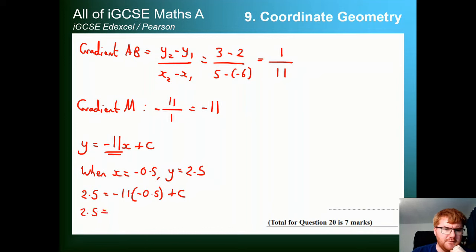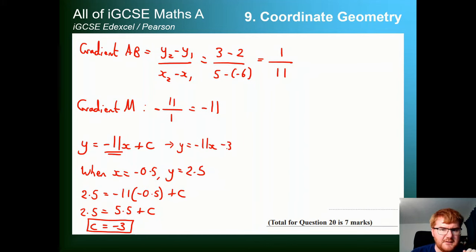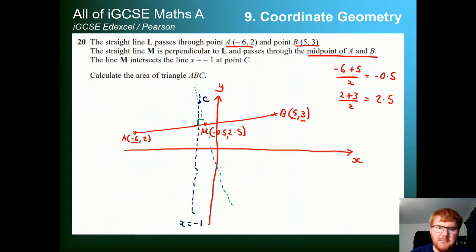So 2 negatives are positive, so that gives us 5.5. If we minus 5.5 from both sides, we then get c to be negative 3. So we've actually worked out the equation of this line, y equals minus 11x minus 3. Again, always check, is the y-intercept minus 3? I could definitely believe it from our sketch here that it is minus 3.